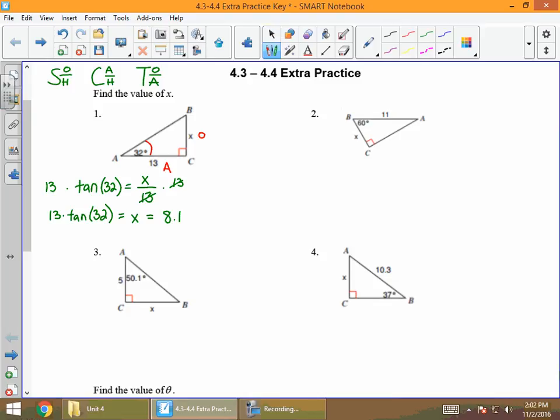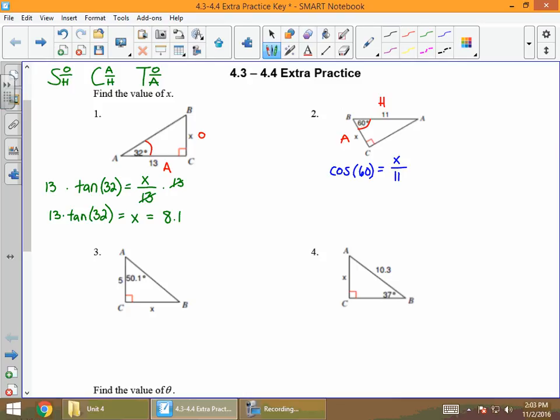Number 2, here's my angle, 60. So AC is my opposite, X is adjacent, 11 is the hypotenuse. So which one do I know nothing about? I know nothing about the opposite side. So A and H is going to be cosine. Cosine of 60 is equal to adjacent over hypotenuse. So X over 11.